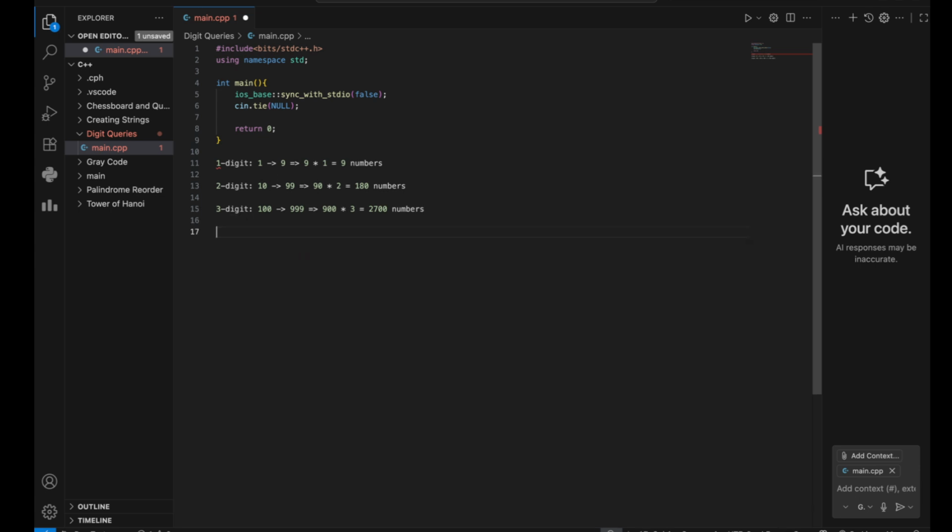Do you see any sequence here? If C is the number of digits, then we can determine the amount of numbers in that range by the formula 9 times 10 to the power of C minus 1.